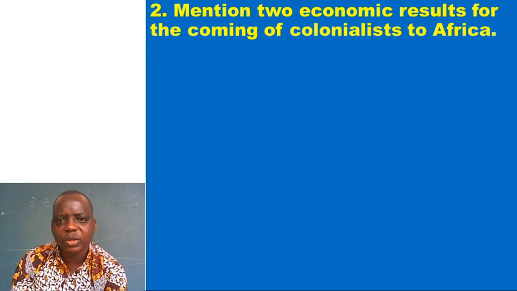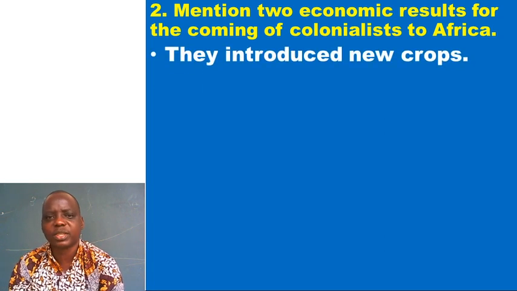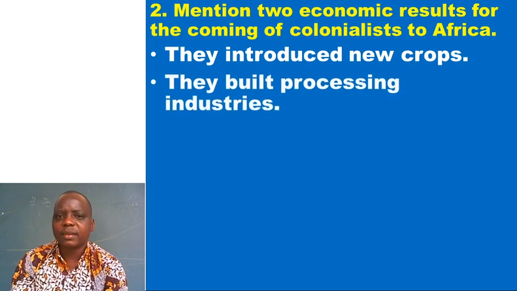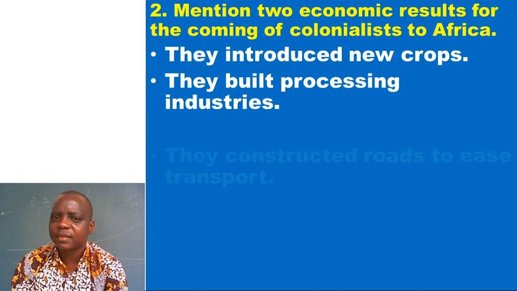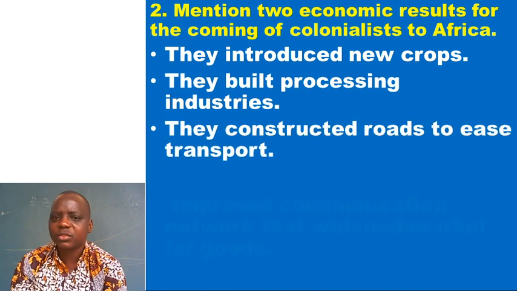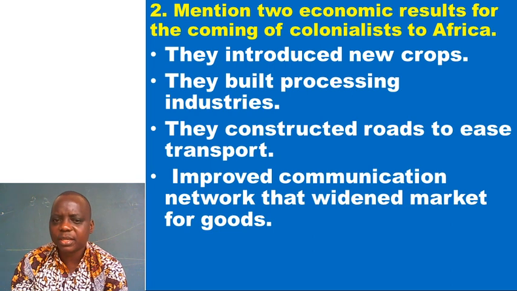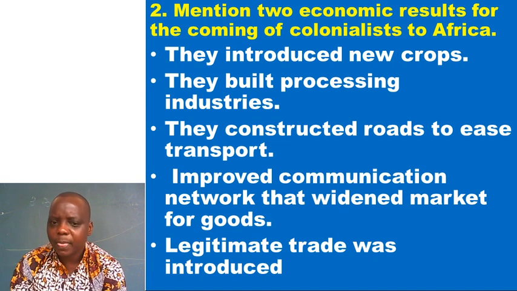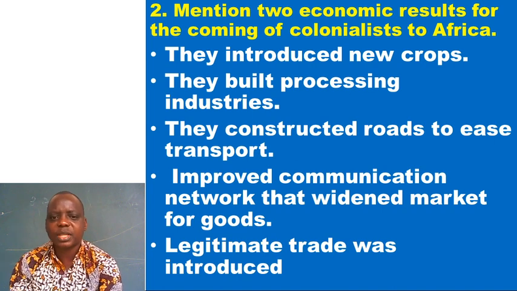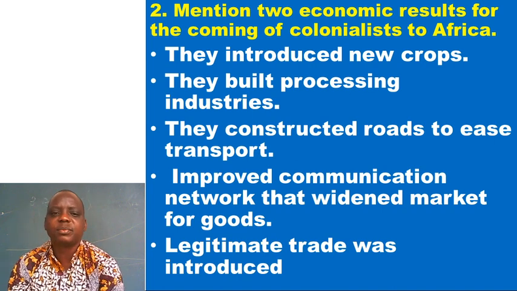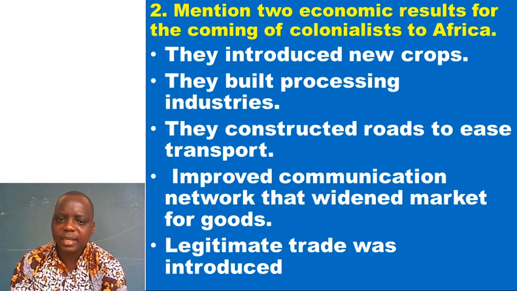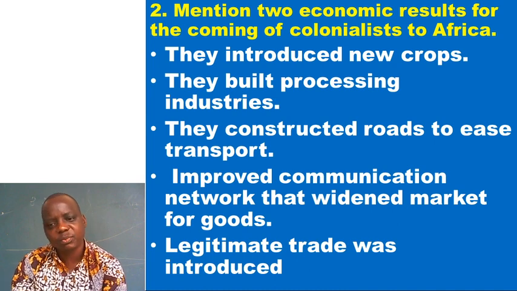In this particular question, you are asked to give the economic reasons, which include introduction of new crops, they built processing industries, they constructed roads to ease transport, they improved the communication network that widened the market for goods, and they introduced legitimate trade, which replaced the illegitimate trade that involved the sale of human beings purposely for their labor, that you learned as being slave trade.